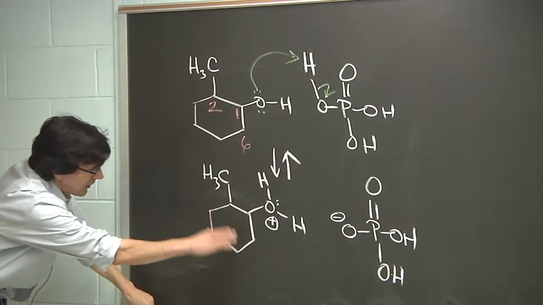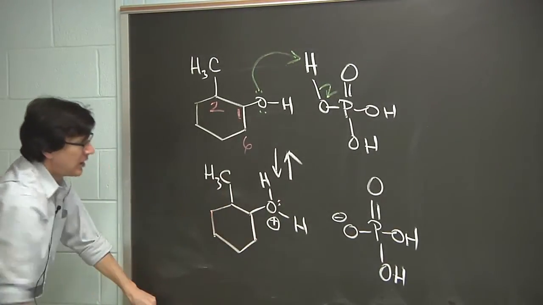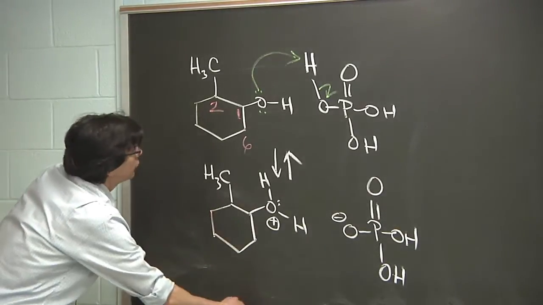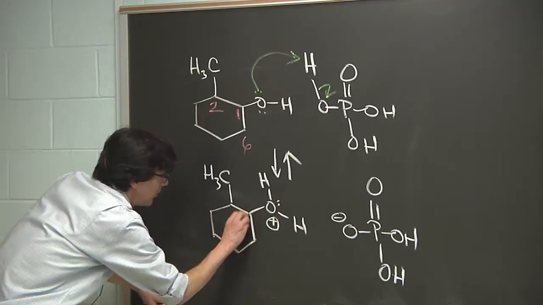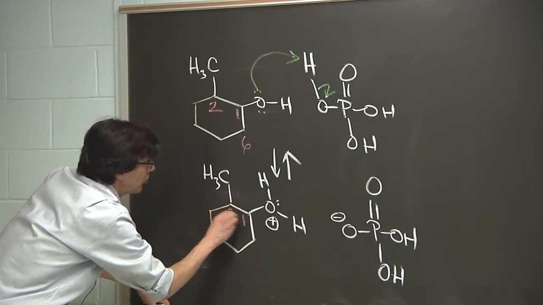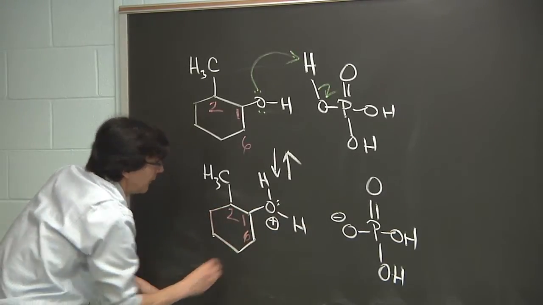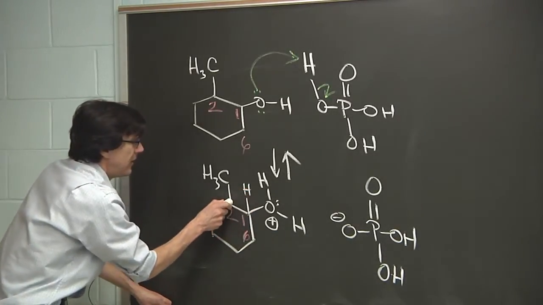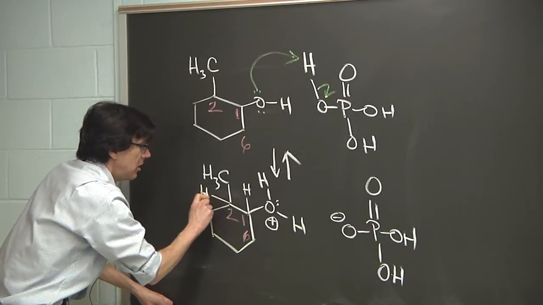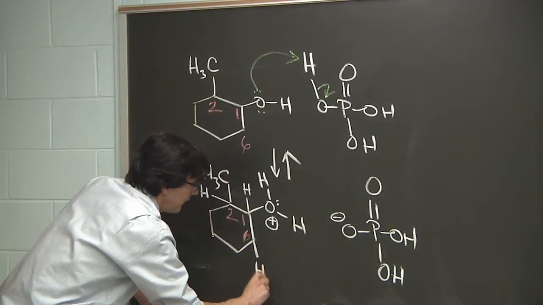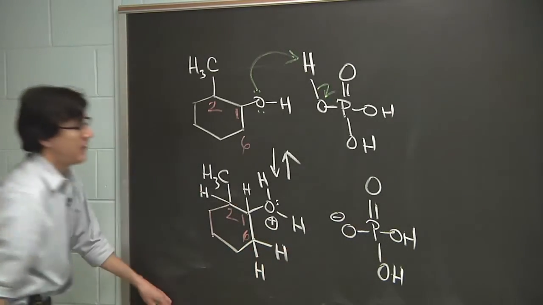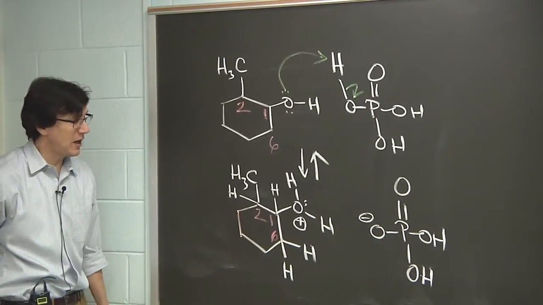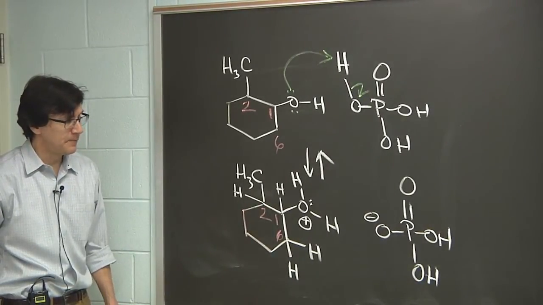And so now we have a molecule with a good leaving group attached. Let's keep track of the alpha carbon, carbon 1, and the 2 potential beta carbons, carbon 2 and carbon 6. Remember, there's a hydrogen here, a hydrogen here, and 2 hydrogens there and there. If you want to pause the video at any time, you can work through the rest of it yourself.